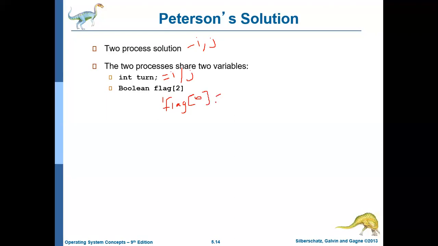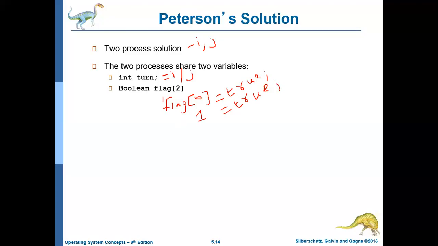Flag of 0 will be true if the ith process wants to enter the critical section right now. Similarly, flag of 1 will be true if the jth process wants to enter the critical section at this particular time.